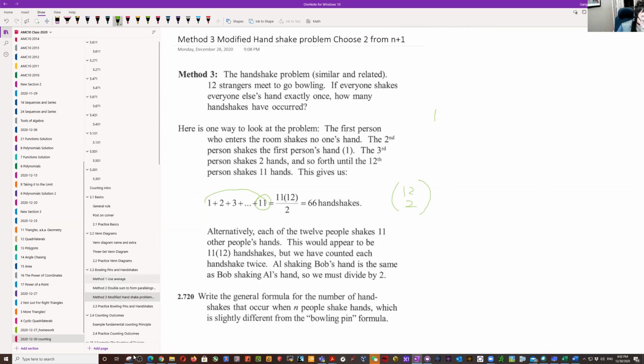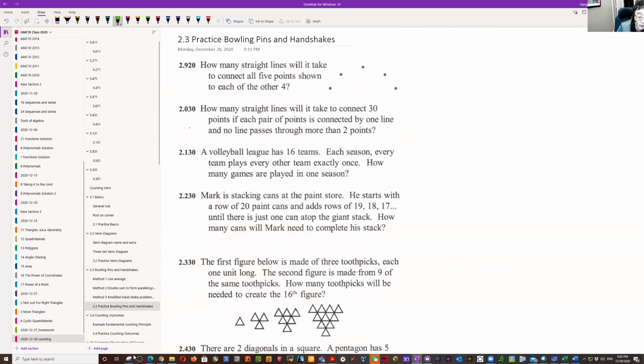So basically, we have 3 ways to view the same problem. Let me just do 1 or 2 examples. How many straight lines will it take to connect 5 points, each to each of the other 4, because those 5 points are non-collinear?